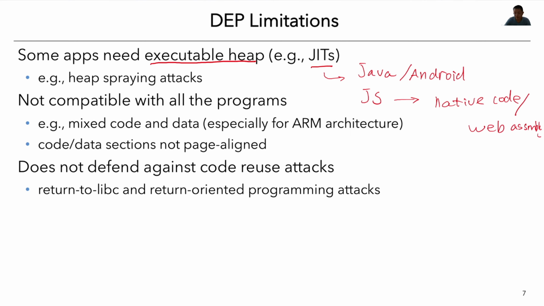Because every browser runs a JavaScript engine, you must have some apps which need an executable heap. So you need to have a piece of memory on the heap to be writable and executable.